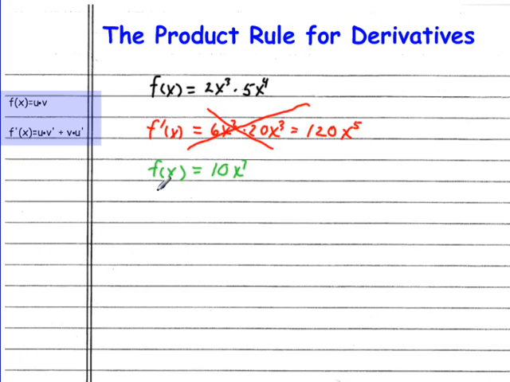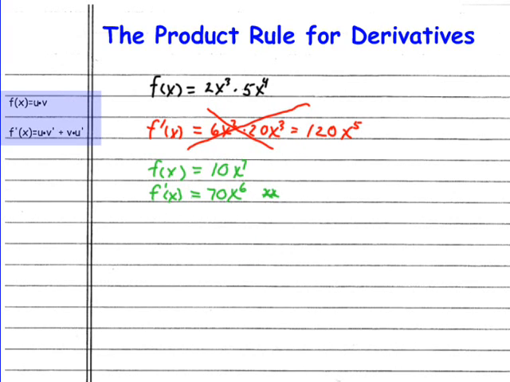Then calculating the derivative of 10x to the seventh, we get 70x to the sixth. That is, 7 times 10 is our 70, reduce the power of our exponent by 1, so we get x to the sixth. We're absolutely sure this is correct because we know exactly how to take the derivative of this function. And clearly there's a difference here.